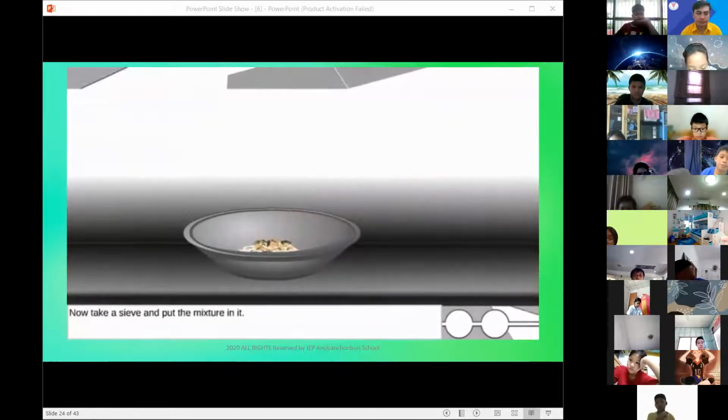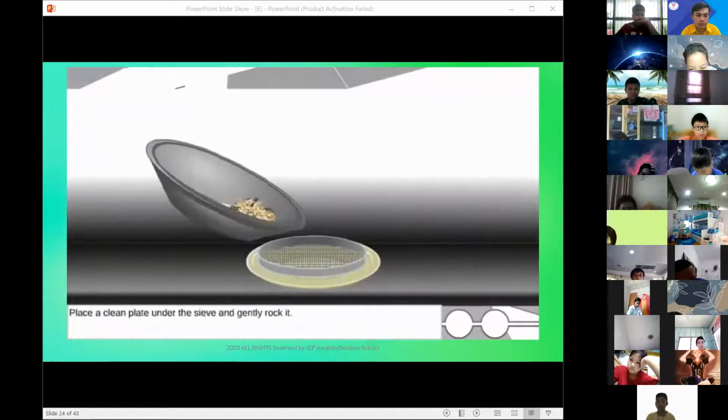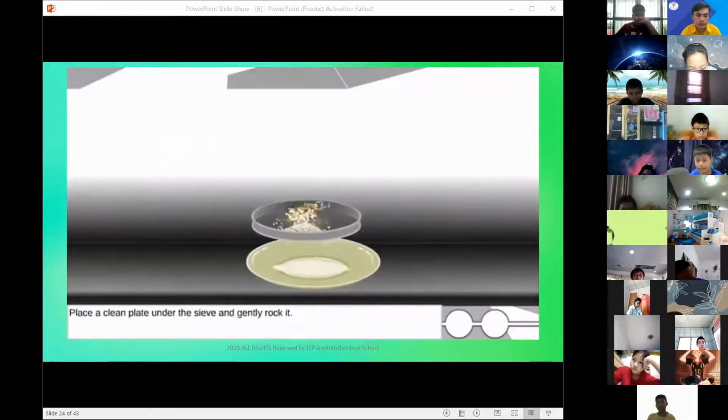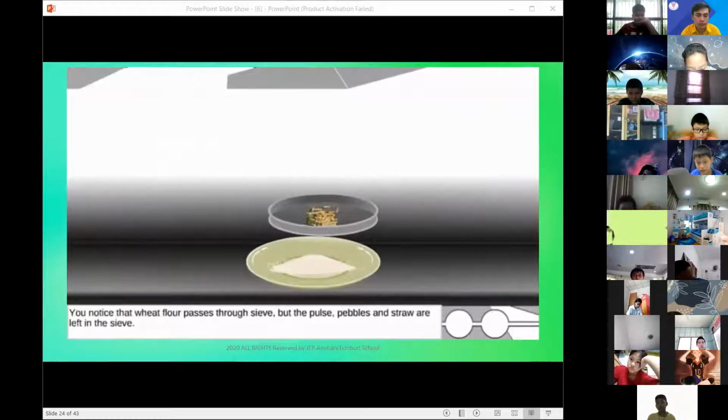Now take a sieve and put the mixture in it. Place a clean plate under the sieve and gently rock it. You notice that wheat flour passes through the sieve, but the pulses, pebbles and straw are left in the sieve.